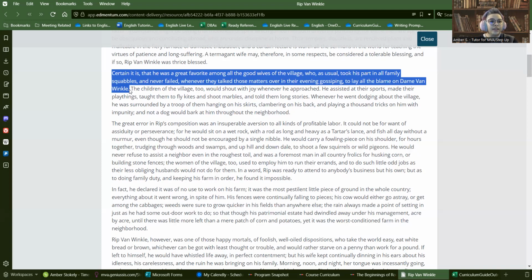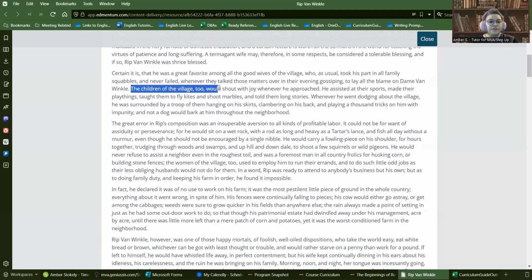They don't really explain if his wife is actually mean or if everyone thinks she's mean just because they like Rip Van Winkle more. But they leave it up to your imagination to figure it out. What they do tell you, though, is that the women of the village always take his side. And whenever there's an issue, they always blame it on his wife. They blame it on her when they gossip because they like him so much.